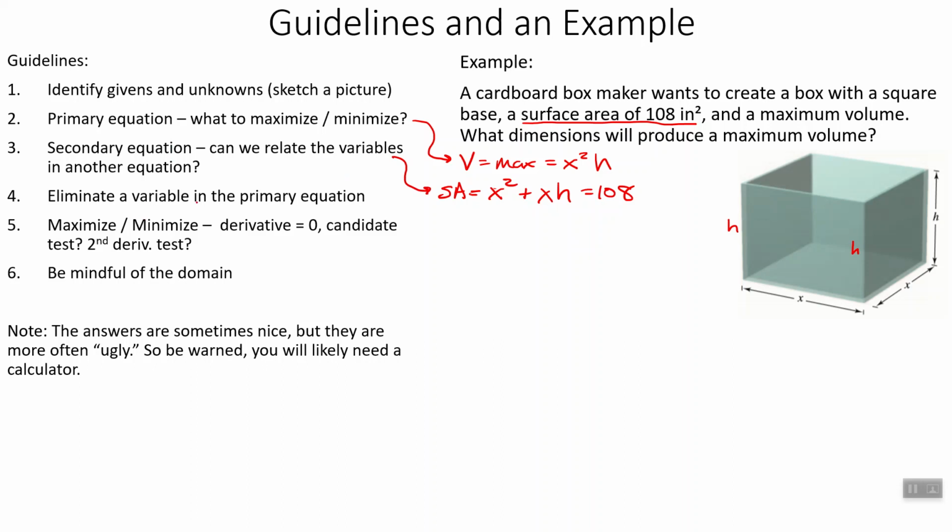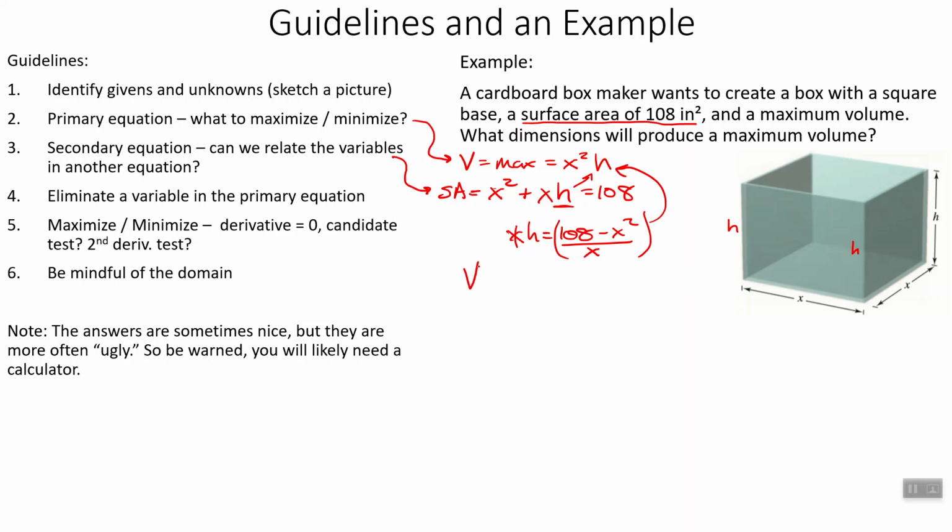Now we want to eliminate a variable in the primary equation. So we want to get rid of one of these variables. We can probably solve for h here and then plug that answer in there. So the way that we would do that is we would subtract x squared from both sides and then divide both sides by x. Now we've solved for h. So now we take this and plug it in for h.